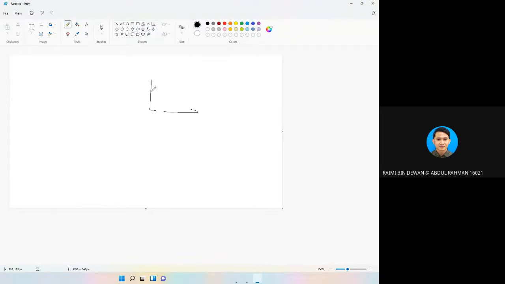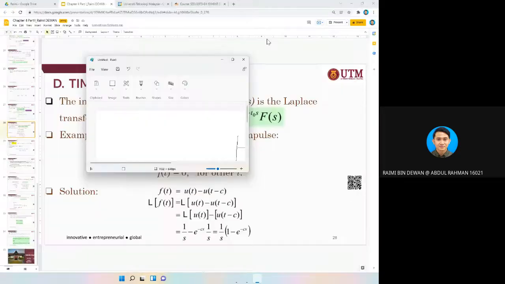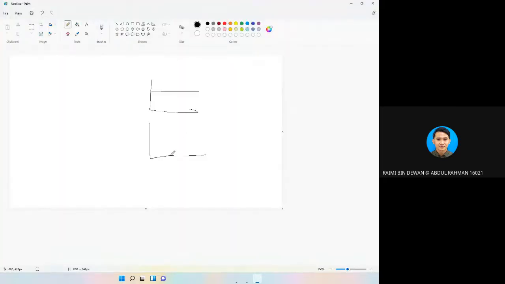You know the standard u(t) is like this, right? And then you subtract u(t minus c) with a time shift. Let's say you have your c here, it is actually shifted by c.